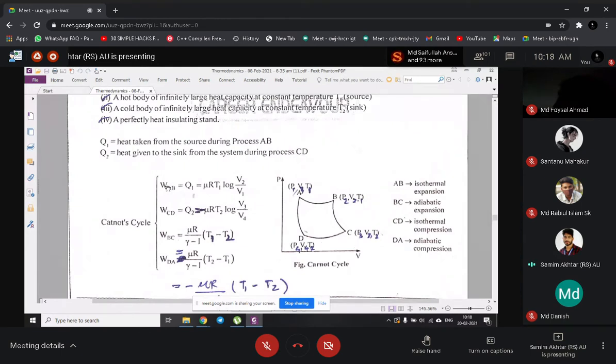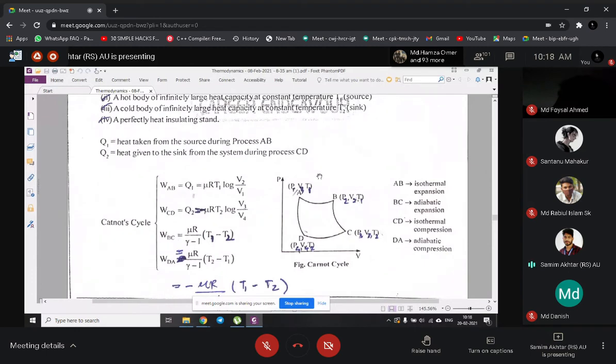Whenever you go from A to B, the state changes from P1, V1 and T1 to point B, P2, V2 and T1. That means the temperature is the same, but pressure and volume change.